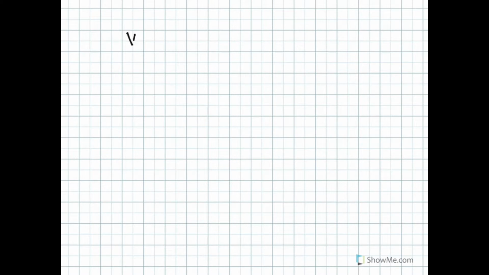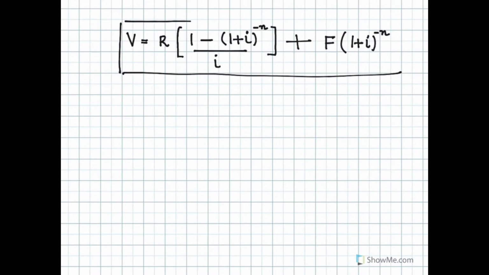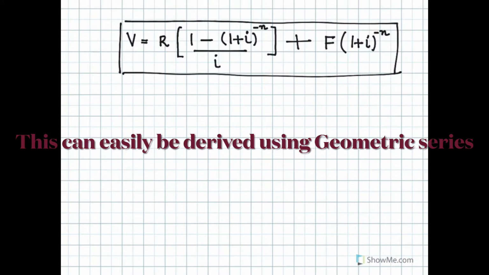So the bond value V is R, the coupon which you are getting, multiplied by 1 minus (1 plus I) raised to minus N, divided by I, and to this you are going to add the face value or the redemption value times (1 plus I) raised to minus N. This is how we are going to find the value of the bond.